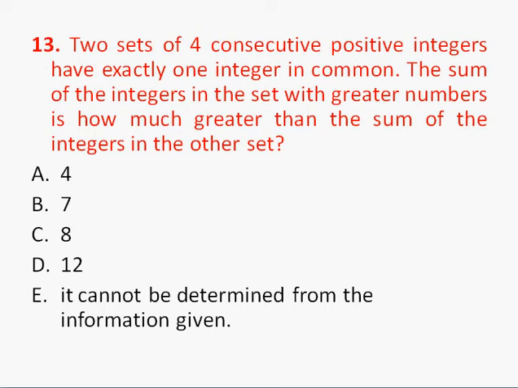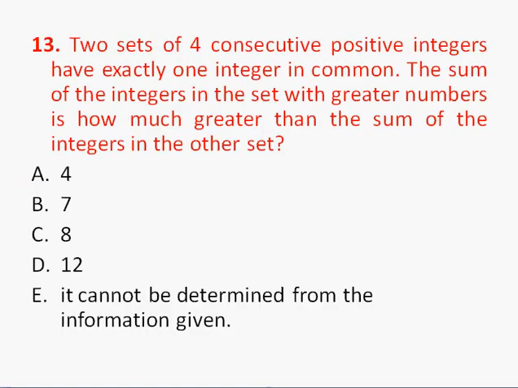Here in this question we are already given 4 consecutive positive integers, so we can assume the integers also. So what we can assume is like this. Set 1 has the integers 1, 2, 3, 4, and set 2 has the integers 4, 5, 6, 7.